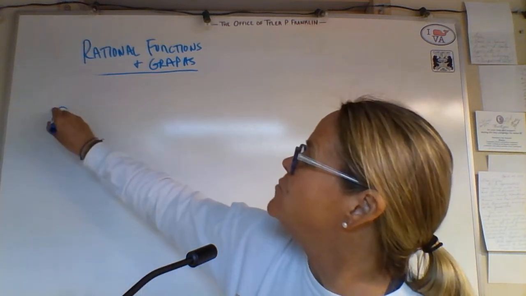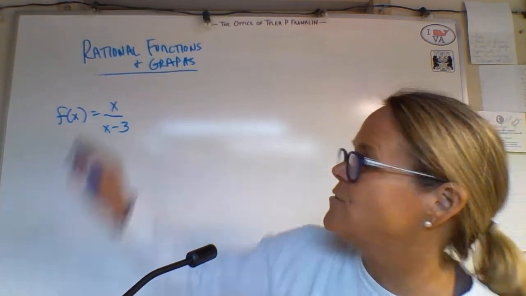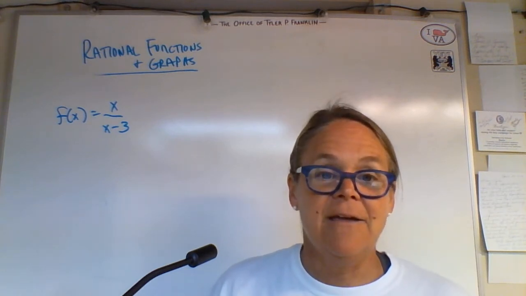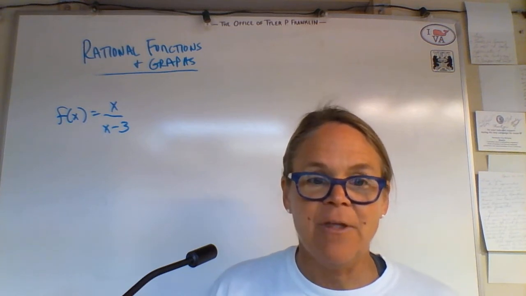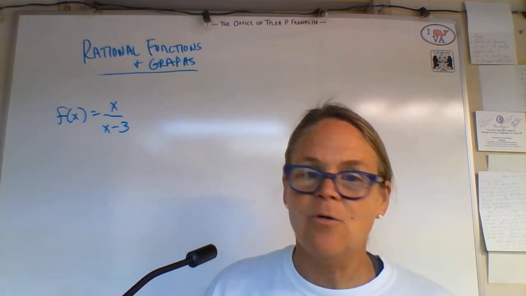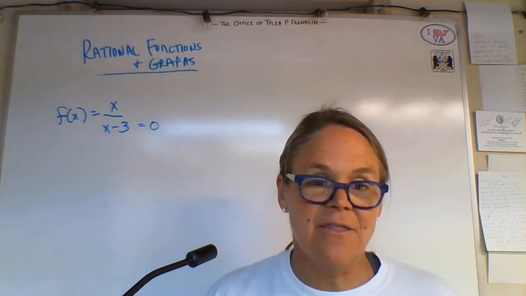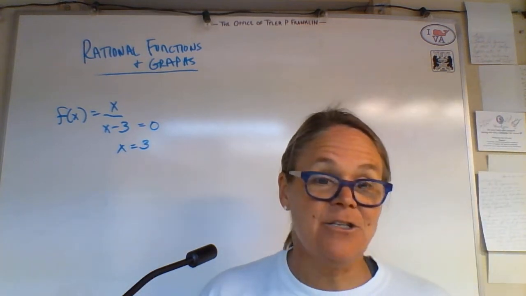So if I gave you something like x over x minus 3, that cannot be simplified at all. If I say, where is your vertical asymptote? Your vertical asymptote is at the 0 of the denominator. x is 3.